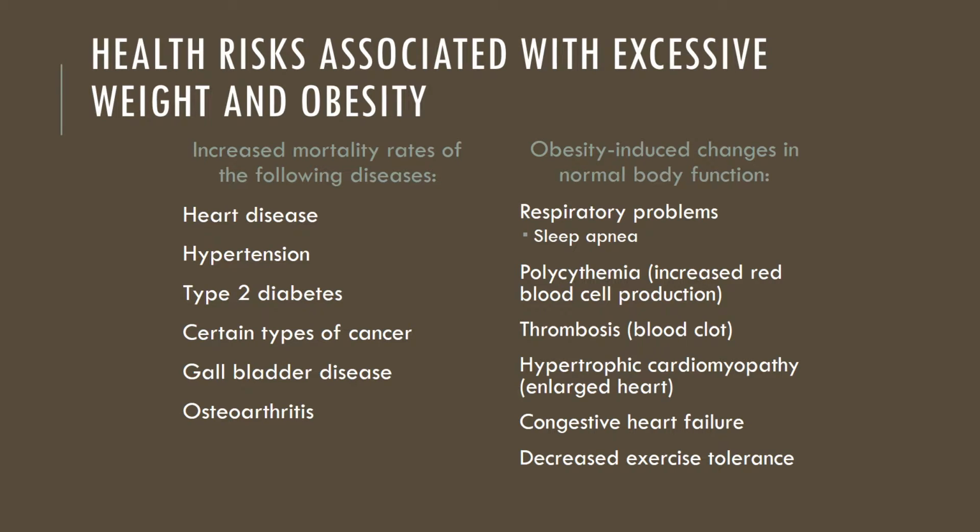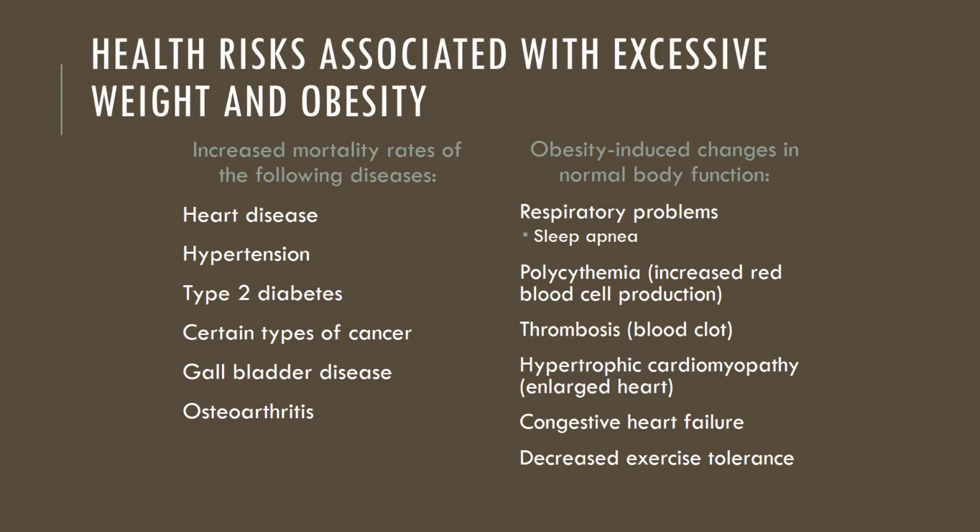And then obesity also results in a number of changes to normal body function that can be problematic. These include respiratory problems like sleep apnea. This is when you stop breathing while you're sleeping for at least a few seconds, and it's highly associated with obesity. It can be very problematic.